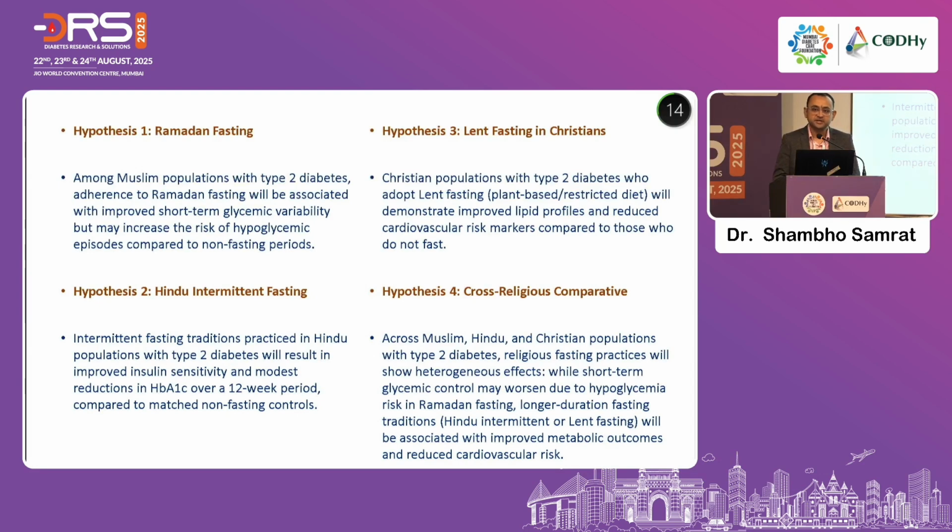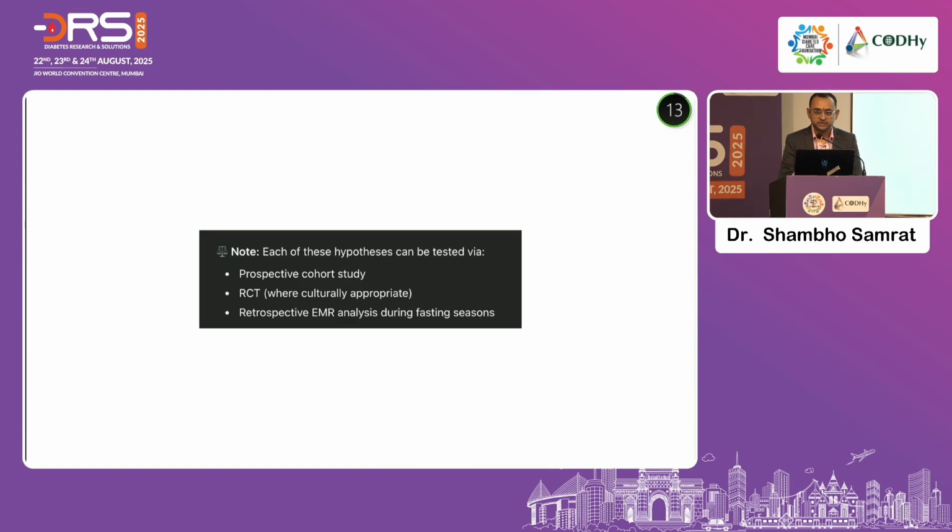Now we can see here, there are 4 types of hypothesis. One is on Ramadan fasting, one on Hindu intermittent fasting, one on Lent fasting for Christians, and now a cross religious comparative. But what is very interesting, these are all the responses we got from ChatGPT. But one thing I want to highlight here, the note that is also given by ChatGPT.